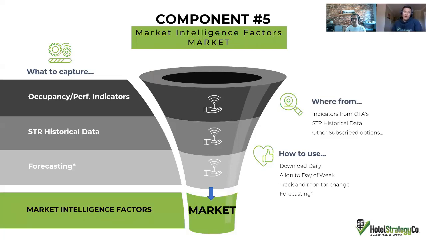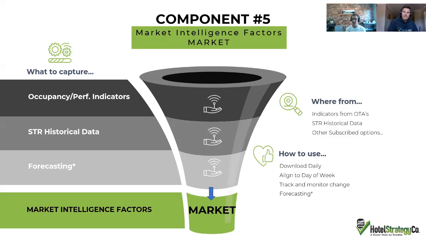And then the fifth component that we want to look at is whatever other market data intelligence is out there in the marketplace. For example, rate shoppers often have some sort of an indicator of what the demand is out there. We know that STR has historical data that we can look at. They now also, in some markets, supply future holdings by market, so you can get an indication of what the demand is like going forward.